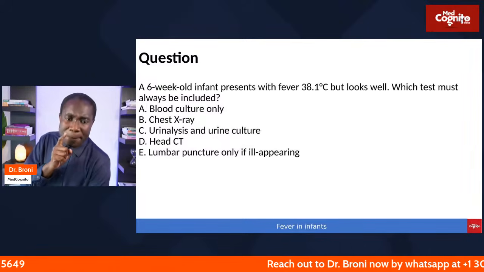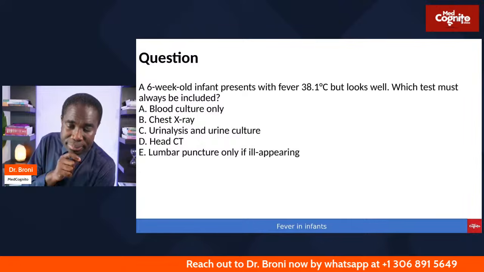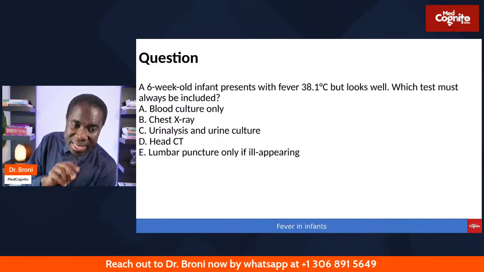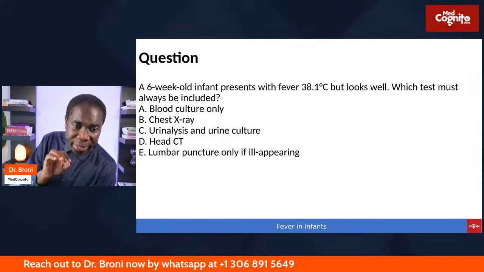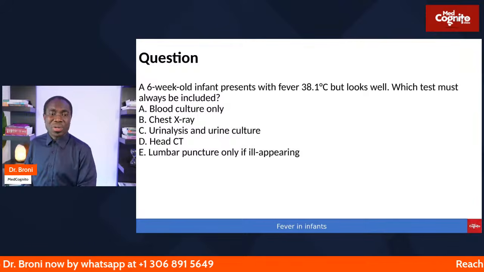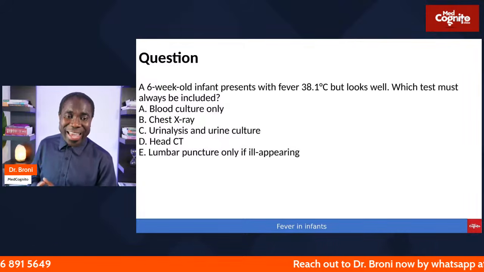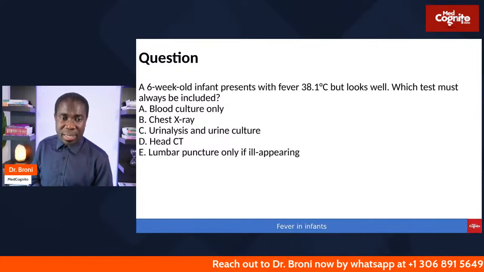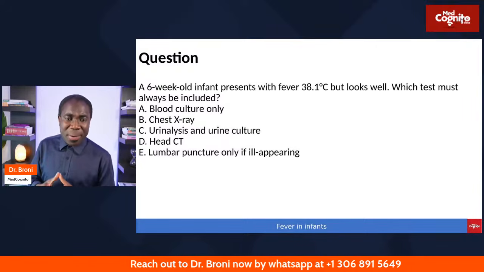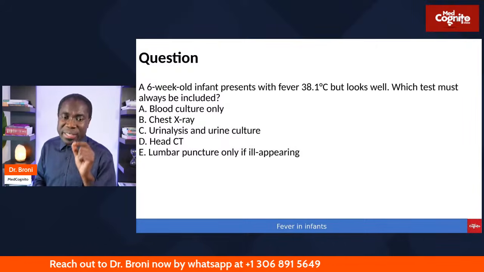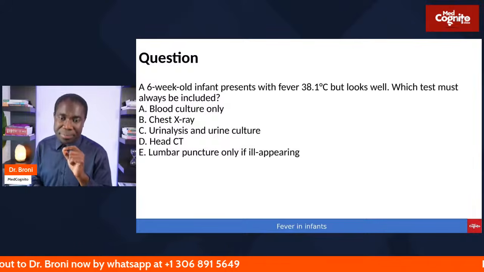A, blood culture only. B, chest X-ray. C, urinalysis and urine culture. D, head CT scan. And E, lumbar puncture only if the child is ill appearing.